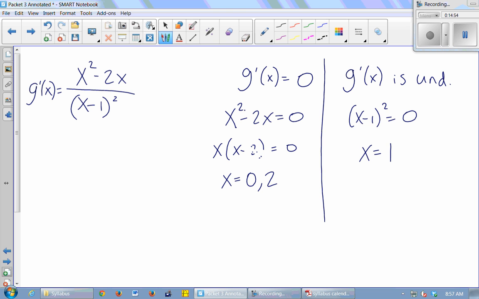So I have three critical numbers, 0, 1, and 2. These are potential places where I might find a max or a min. Might be neither, but if they exist, they're going to be at one of those three places: 0, 1, and 2.